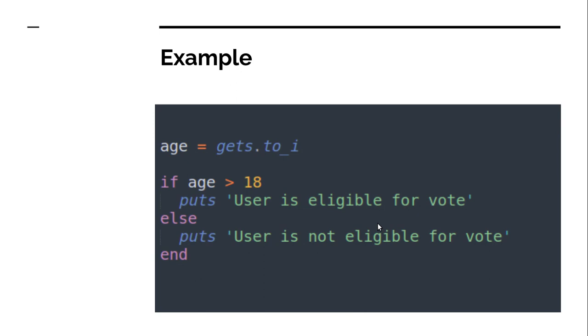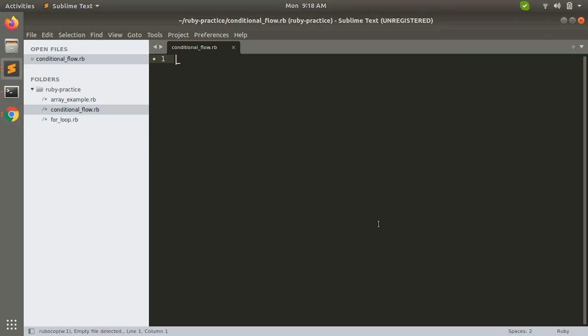Similarly, you can do another example as well. For example, we just need to find whether a number is even or odd. Then you can simply allow the user to provide some number, using gets.to_i.